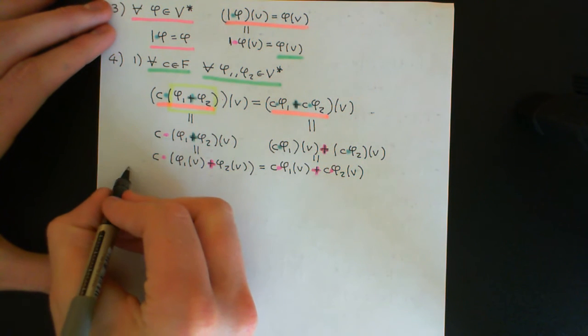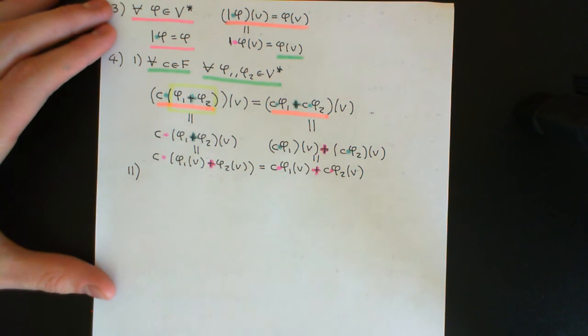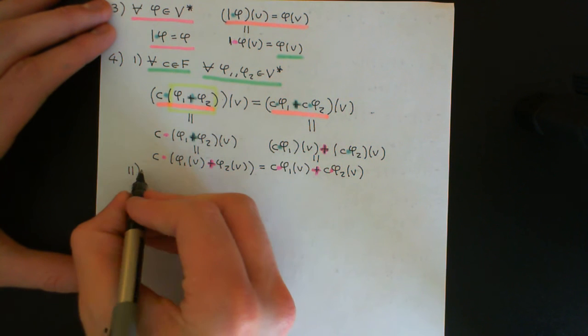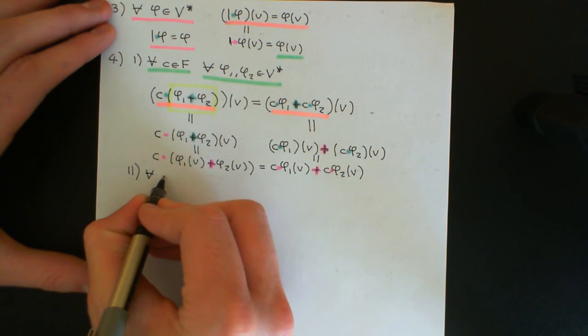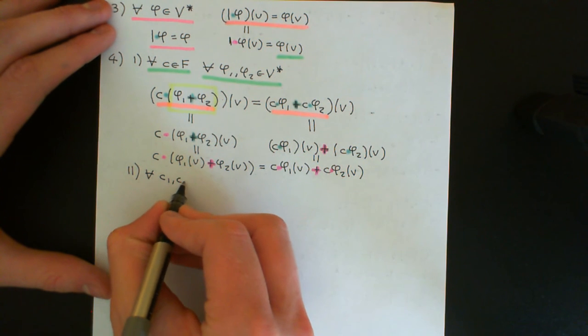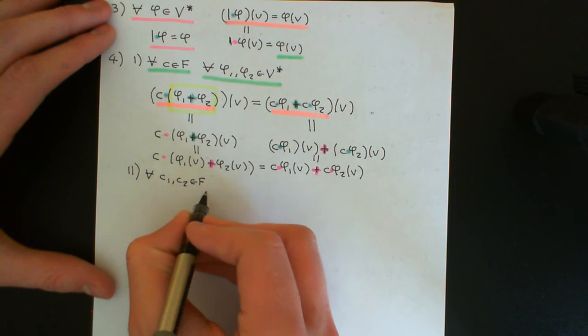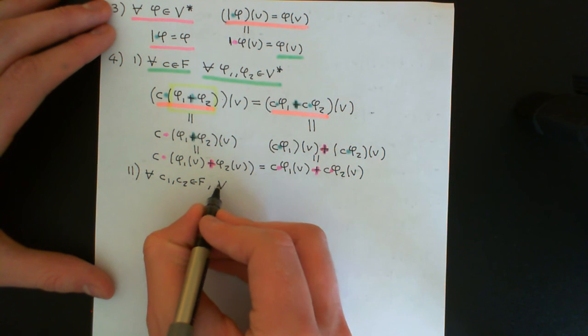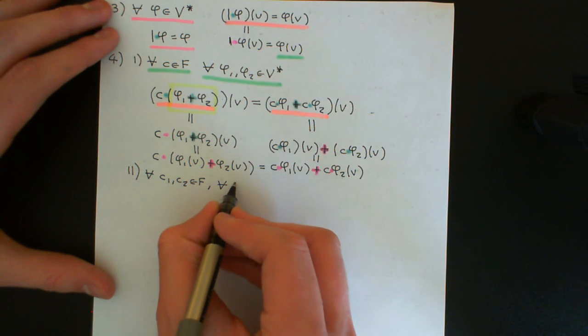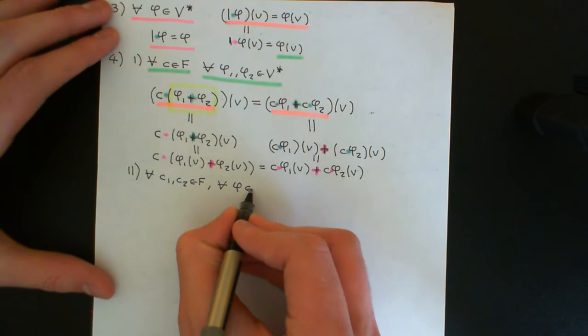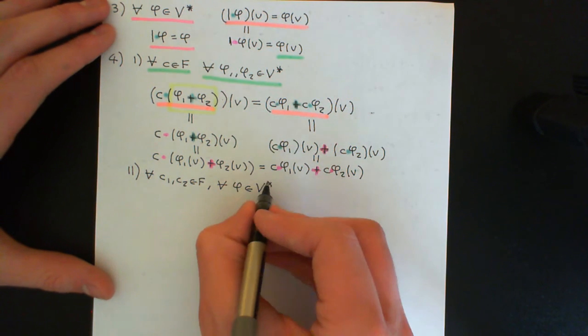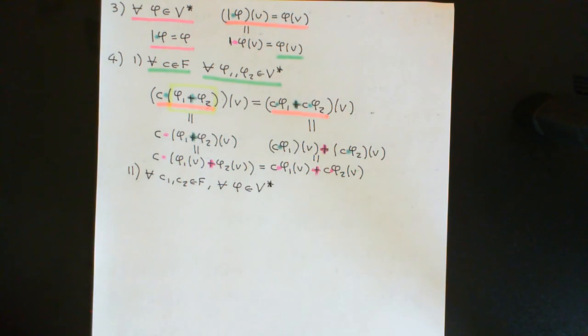Now finally, part 2, the second distributive law, and this is about how scalar multiplication distributes over addition in the field. So in this one you need two elements of the field, so we'll have C1 and C2, which are elements of the field capital F, and we also need an element of the vector space. So in this case we're in our dual vector space, so we'll have phi, which is an element of V star here.